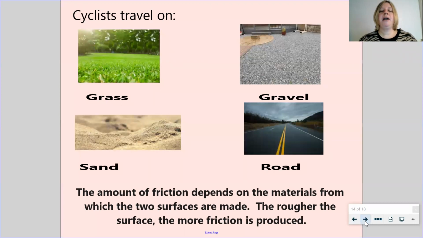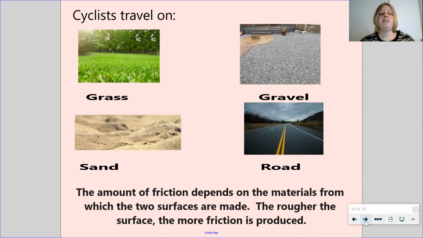So, the amount of friction depends on the materials from which the two surfaces are made. The rougher the surface, the more friction is produced. If we were riding on the grass, it would slow us down. If we were riding on gravel, the gravel would slow us down.